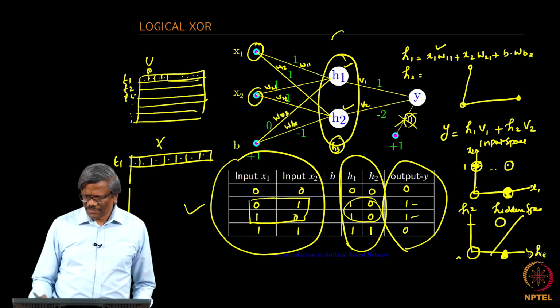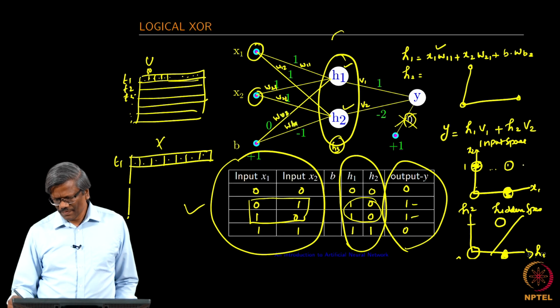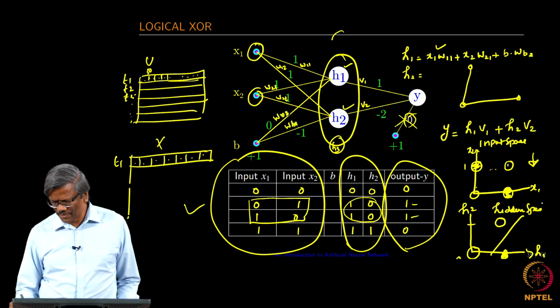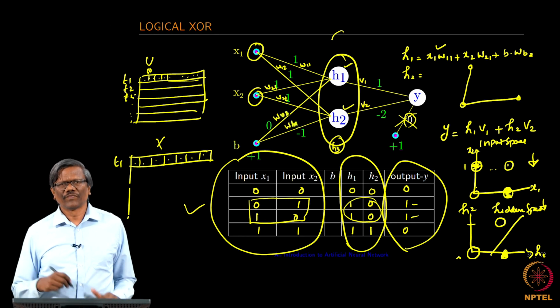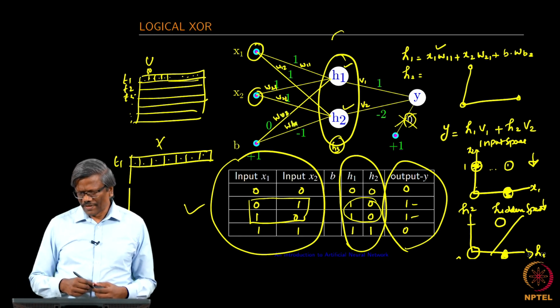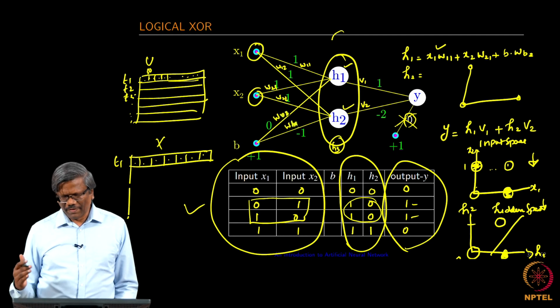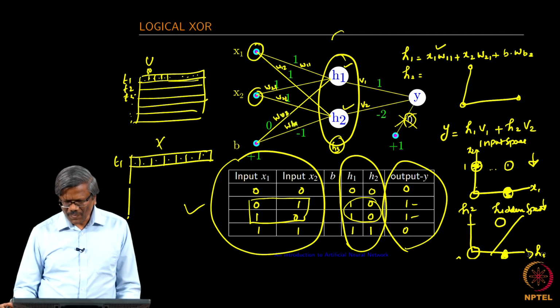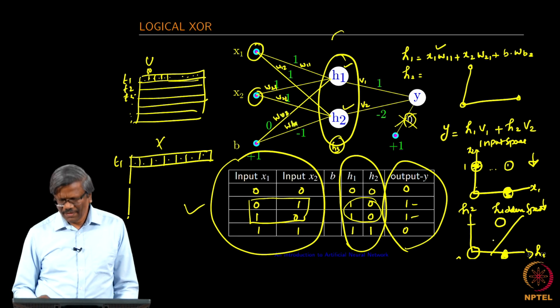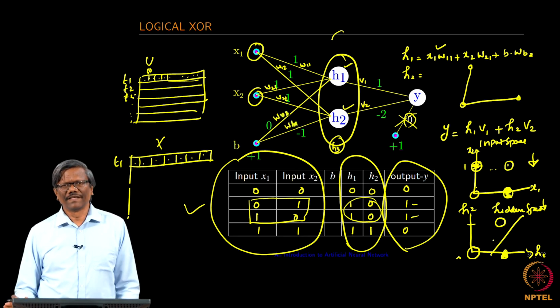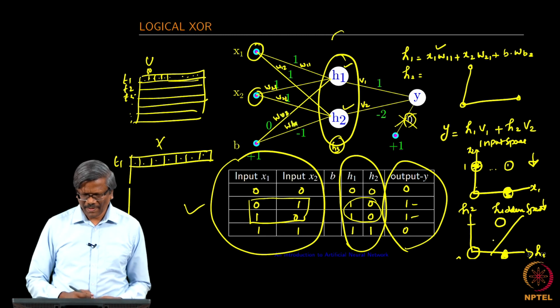So, there is a change from the input space to the hidden space, and in the hidden space we are able to really compute a boundary that separates these values in a linear fashion. Okay.